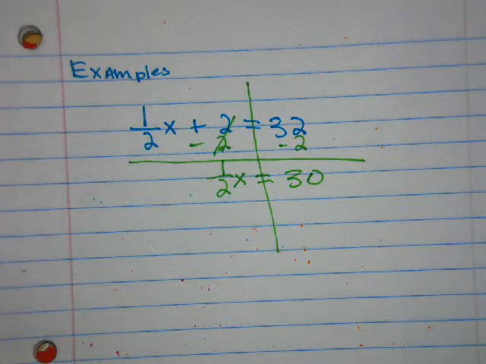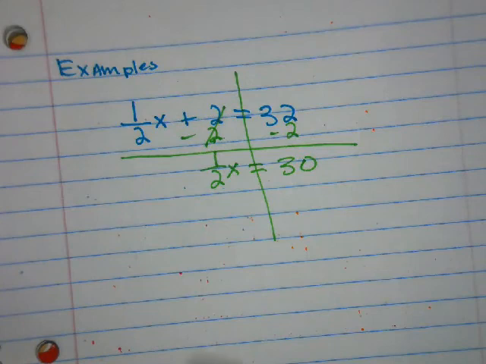So in this case, what we do now to remove a fraction is multiply by the reciprocal. The reason why we do that is because this is 1/2 times x, and the opposite of multiplication is division. So I would have to divide 1/2 x by 1/2 x.